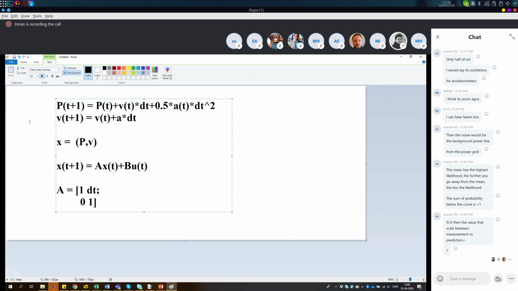Yeah. How about this one? You think this is clear? So the next position is determined by the previous position times the velocity and acceleration term.